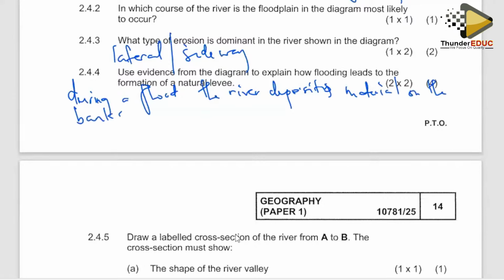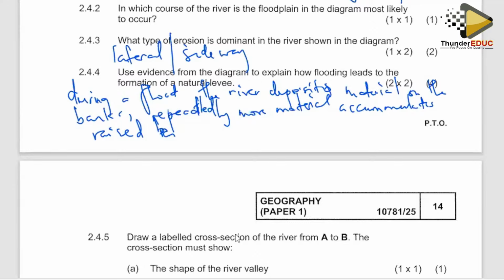We have successive flooding sessions. If there are repeated flooding sessions, more material accumulates, resulting in raised banks of the river. The river starts to have an embankment along the channel because of successive phases of flooding.